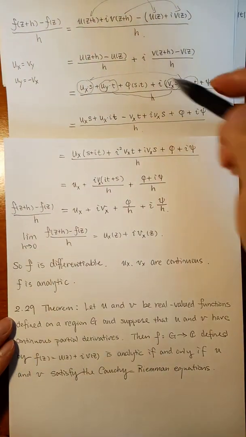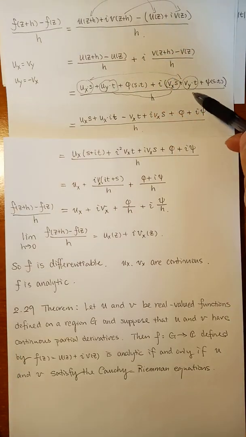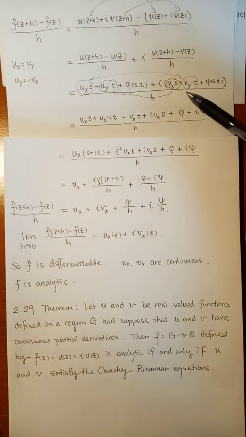Where did we use the Cauchy-Riemann equation? Just here. We organize this u_x, u_y, v_x, v_y part and cancel with the h. In this part, we use the Cauchy-Riemann equation.